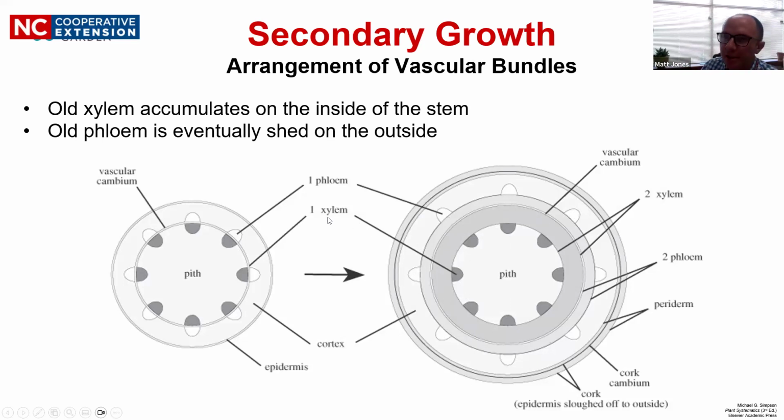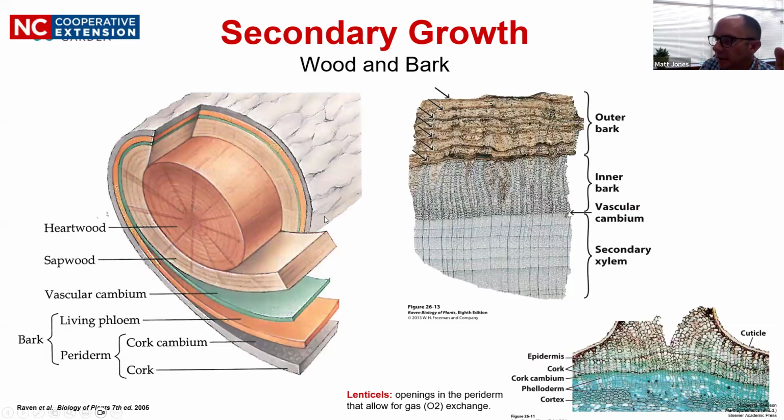So if you do a cross-section of a woody plant, you'll see the differences in this tissue. In woody plants, the wood is referring specifically to xylem cells. And often in a timber or lumber context, we distinguish between the hardwood and sapwood.